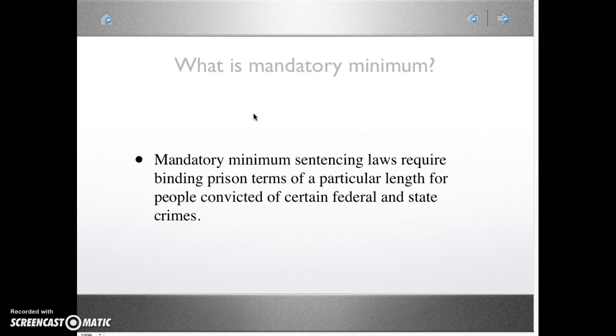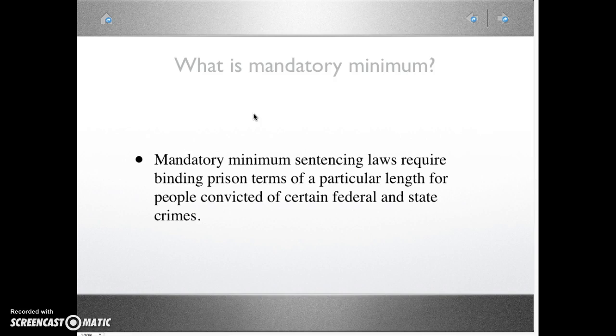Some people believe that mandatory minimum sentencing laws undermine justice by preventing judges from fitting the punishment to the individual and the circumstances of their offenses. This is sometimes evident in drug cases, especially at the federal level, where if an individual, for example, sells so much of a quantity of a drug, let's say marijuana, then that'll trigger the mandatory minimum.